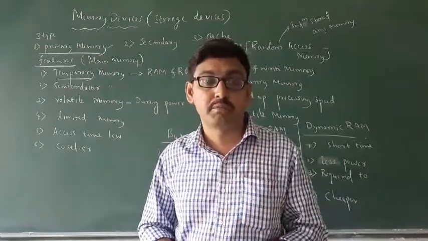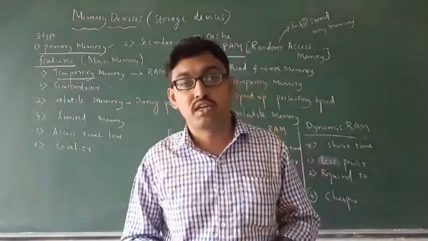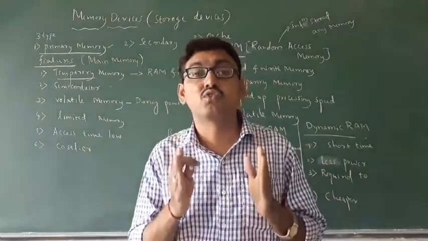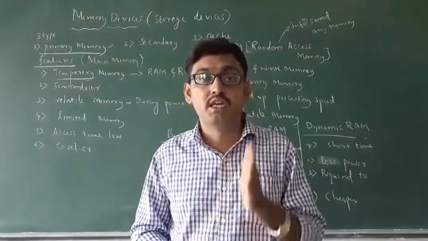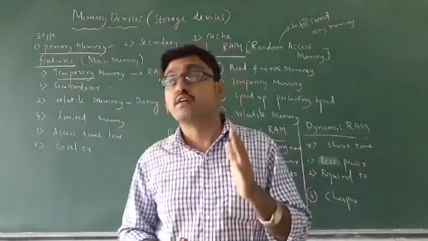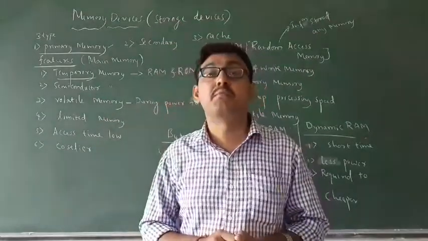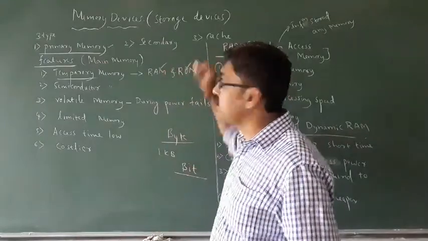Primary memory stores the data temporarily only, not permanently, in the computer. That type of memory is called primary memory. Examples of primary memory are RAM and ROM.